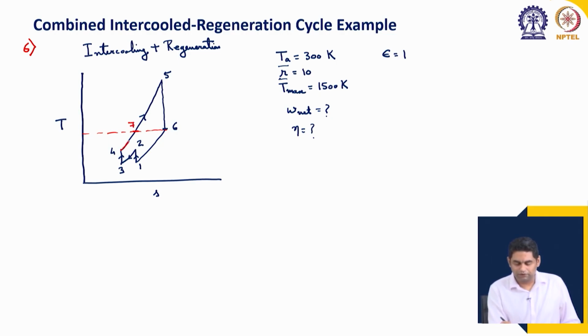So, the air from the compressor outlet goes to temperature T 7 because of regeneration, and the corresponding combustion products from the turbine exhaust go to 8.